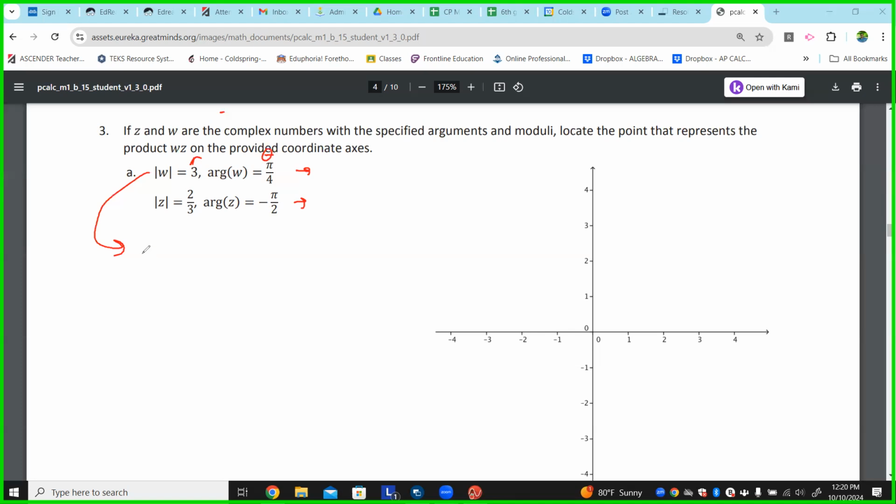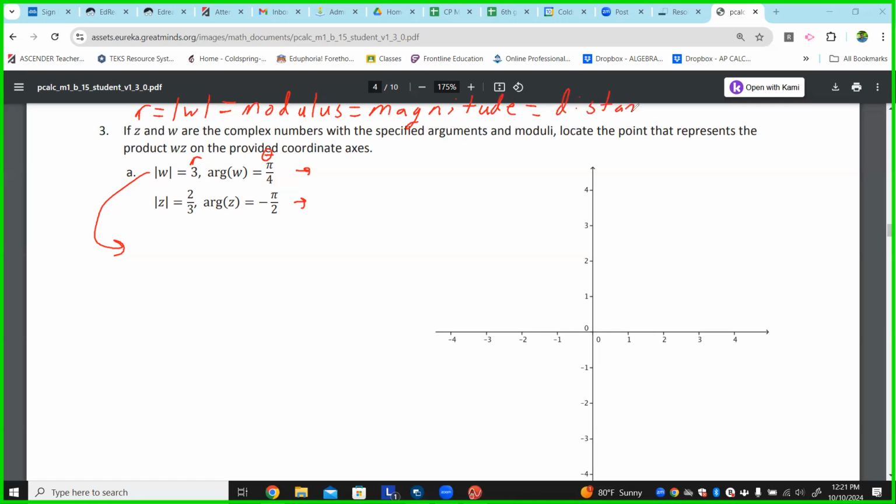The R is the modulus, which is the magnitude, which is the distance.